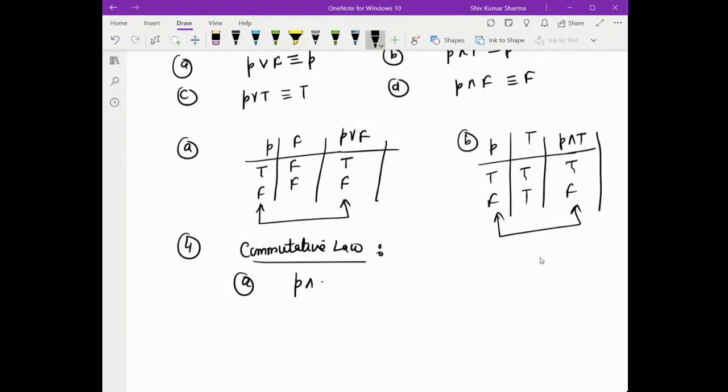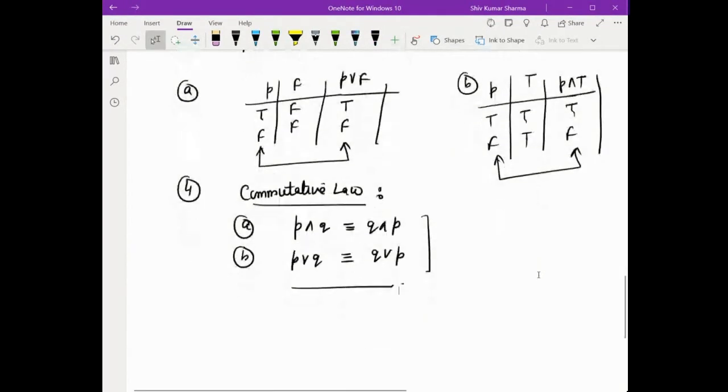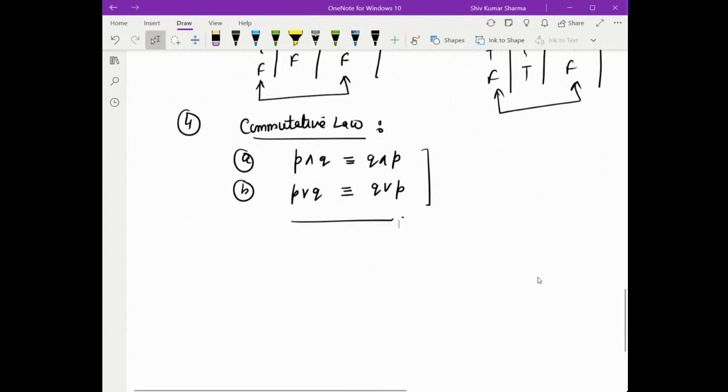P and Q is always equivalent to Q and P, and second, P or Q is always equivalent to Q or P. You can prove this by using a truth table.